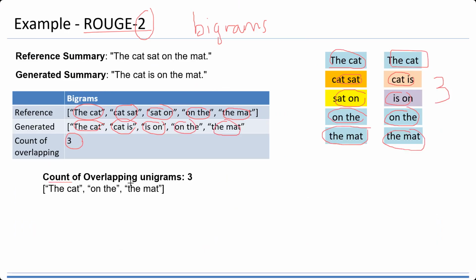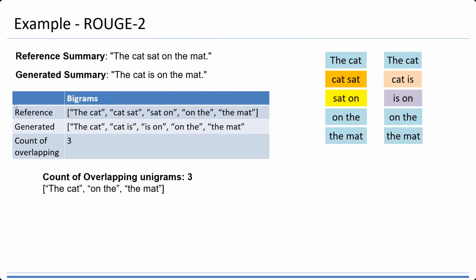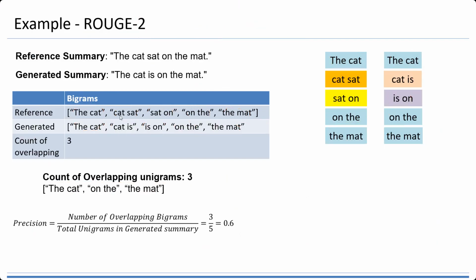So the count of overlapping bigrams is 3, and again we will calculate the precision.